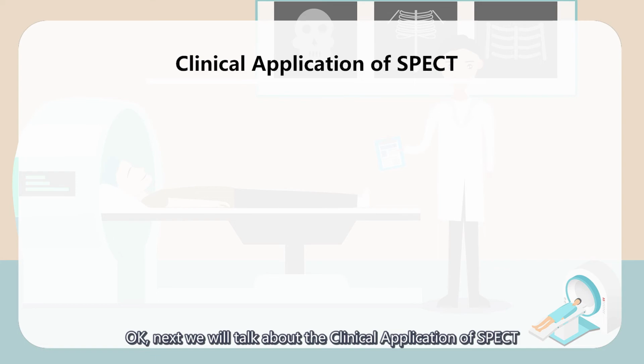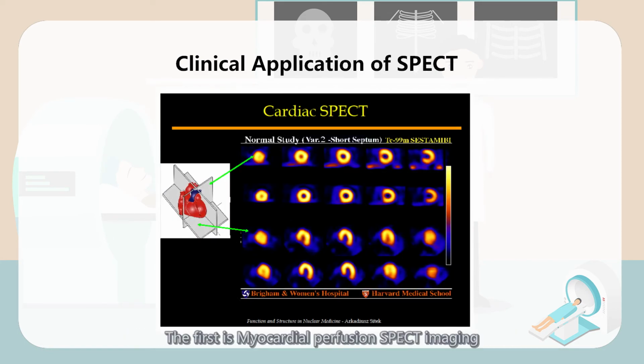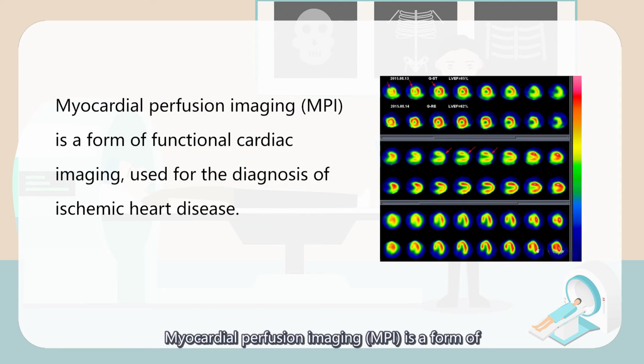Okay, next we'll talk about the clinical application of SPECT. The first is myocardial perfusion SPECT imaging. It has an important value in the diagnosis of coronary heart disease. Myocardial perfusion imaging is a form of functional cardiac imaging.